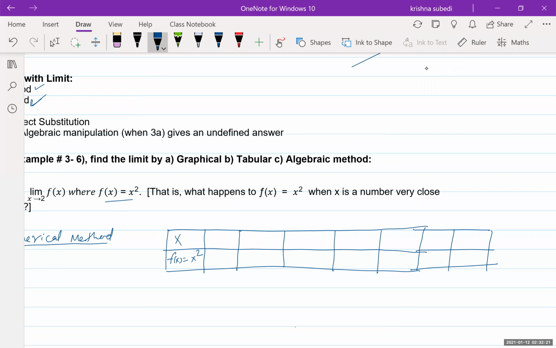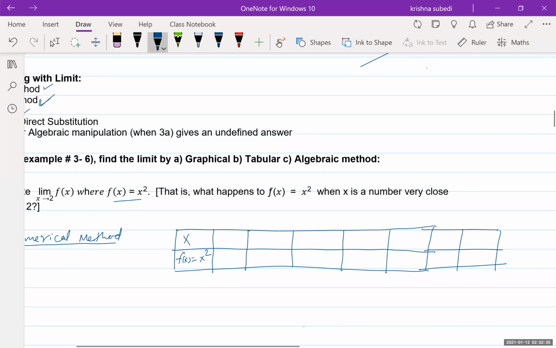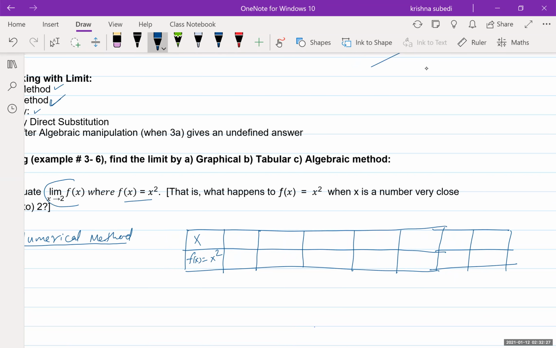Remember, we want to find the limit of f of x as x tends to 2. Okay, when x is approximately 2, what is the value of f of x? That's what we want to find.